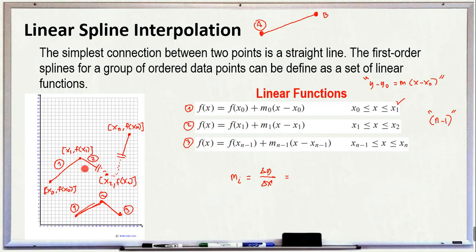In our figure, we can represent this one as f of, the next one is i plus 1, minus f of xi. Or you can have it in terms of n, all over x i plus 1 minus xi. Mora gyud ni siya imong remember nga formula. And also this one, of course.